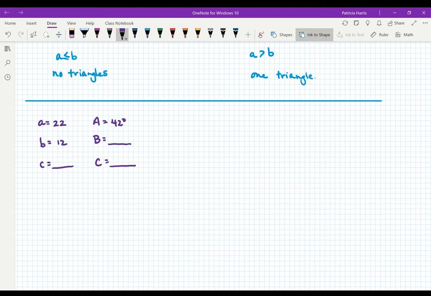So I want you to notice that you're given angle A and side A, and then you're given side B. So the first thing I ask is, is A acute or obtuse? And the answer, of course, would be acute. It's less than 90. The second thing I do is find h.